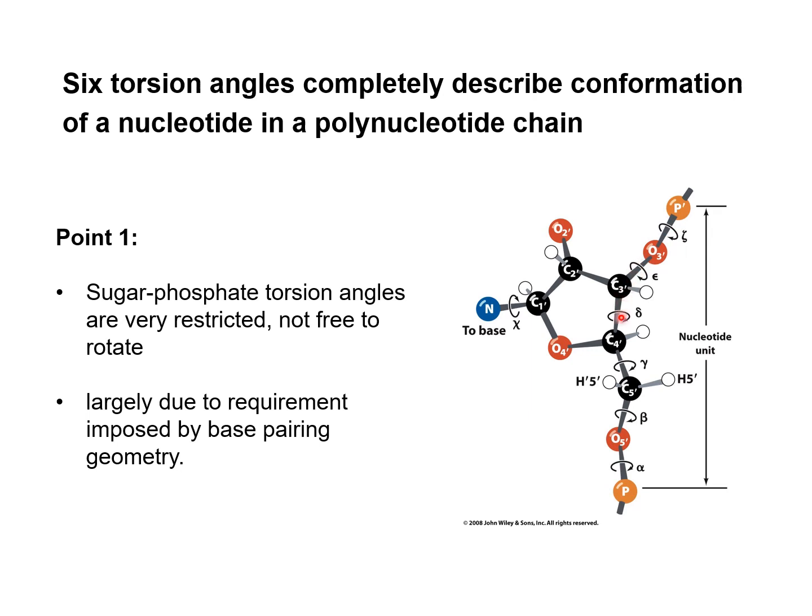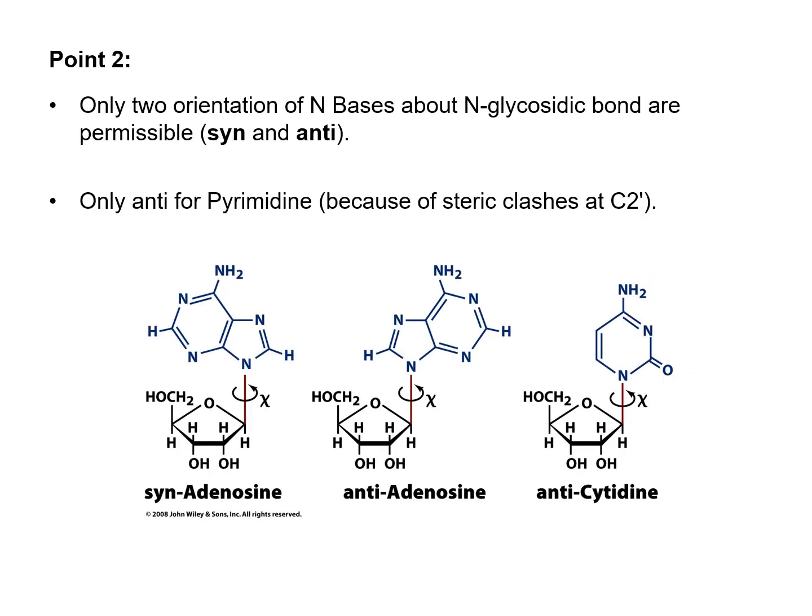And these 6 torsion angles, from alpha to zeta, describe the conformation of the nucleotide within the nucleotide chains. And also this chi angle explains the orientation of the base too. And also there are syn and anti orientations of the nitrogenous bases attached to the sugar, or pentose sugar.